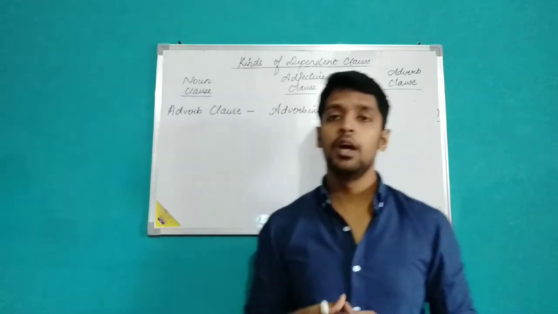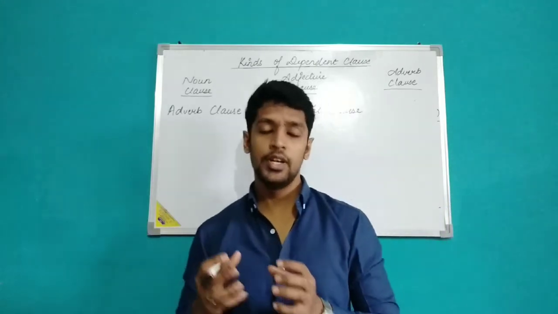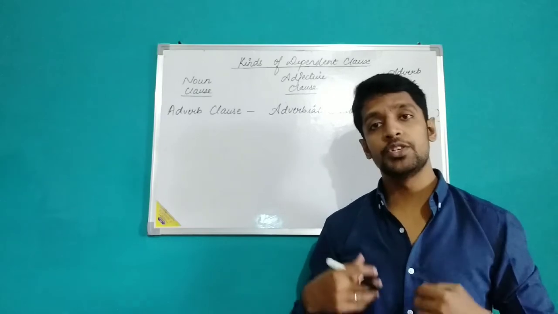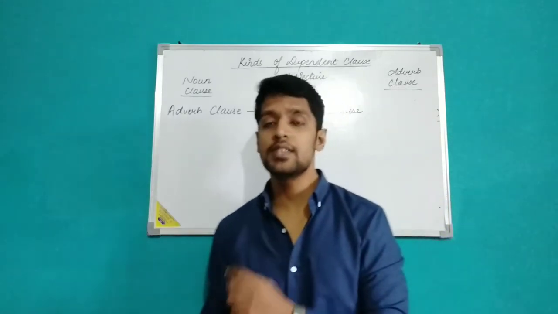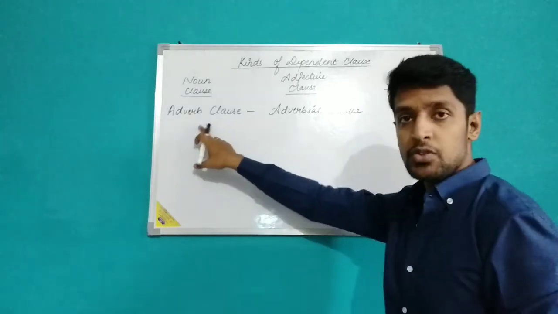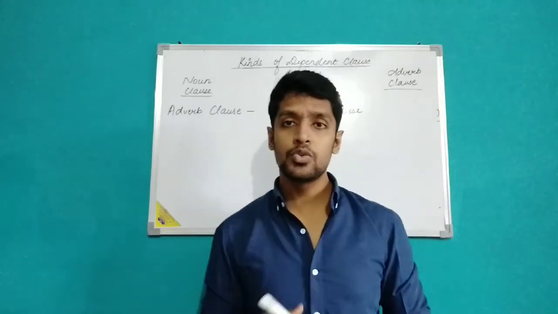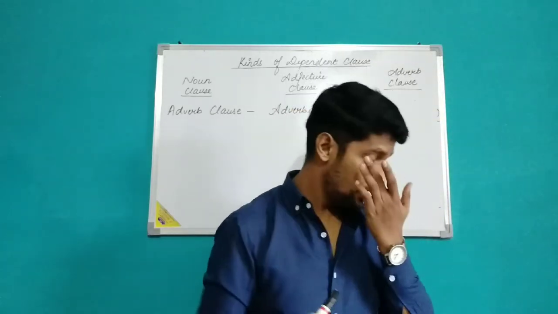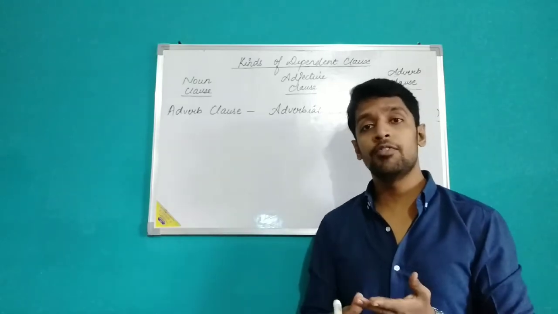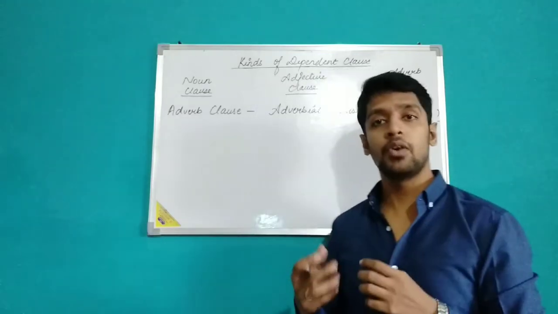I repeat, adverbs describe the verb in a sentence, or how the action is done. In other words, the adverb clause is also known as the adverbial clause. There are certain words through which the adverbial clause starts, like before, until, if, although. These are examples of how the adverbial clause starts.